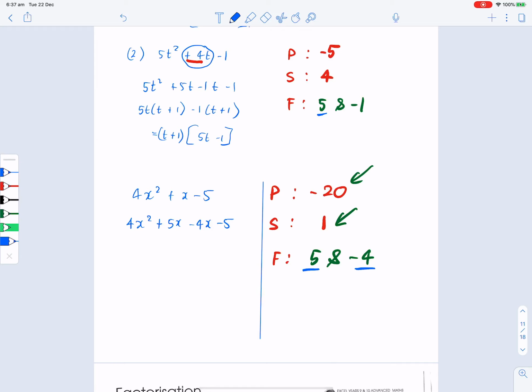Now, one of the things that I haven't mentioned, which I will mention now, is I can write, so we're replacing this middle term x with the 5x minus 4x. I'm allowed to rewrite this the other way around if I want. I don't have to put the 5 first, then the minus 4.